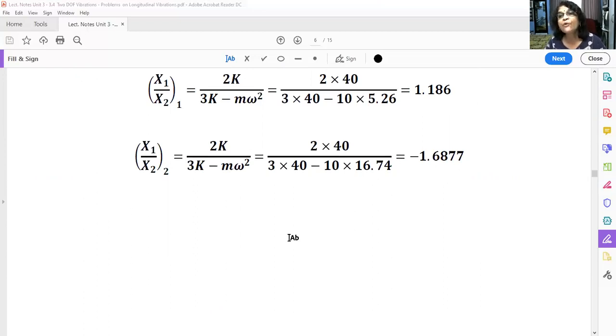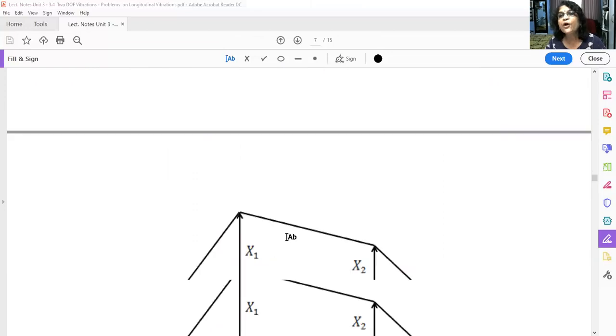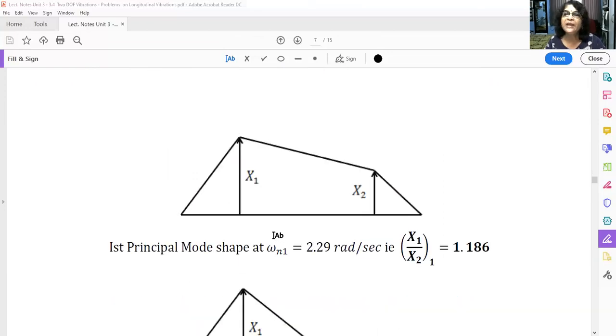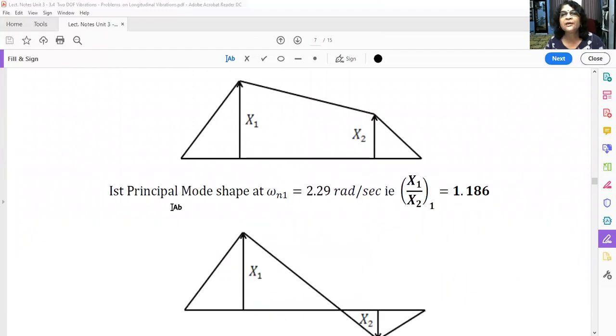Okay. Now what you have to do is plot the mode shape diagram. Now let us analyze this one. This is your first principal mode shape at omega n1 equal to 2.29 radian per second. The value of this one is 1.186. Means x1 upon x2 is equal to 1.186 upon 1.